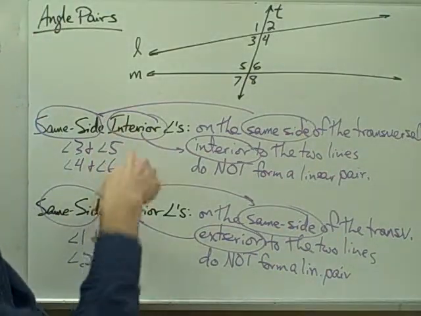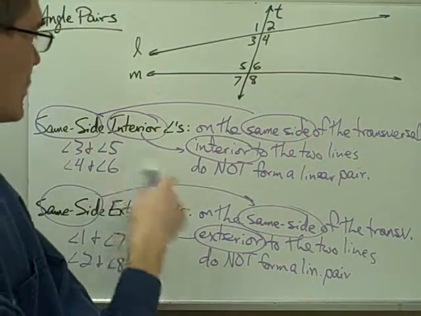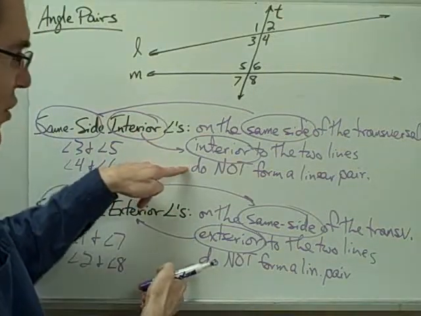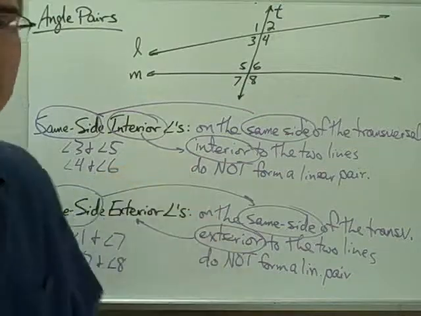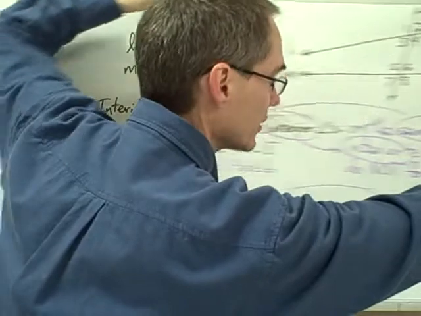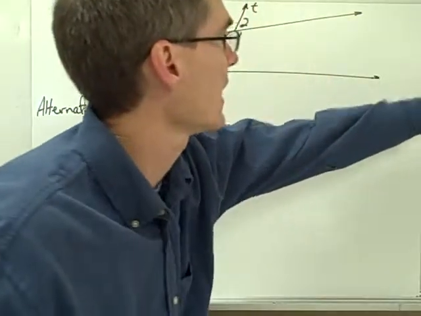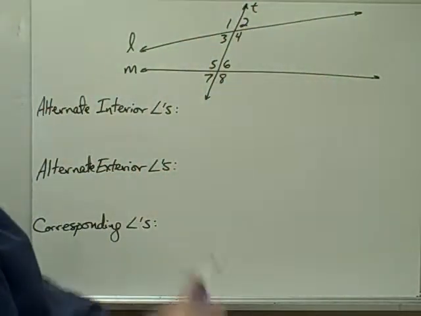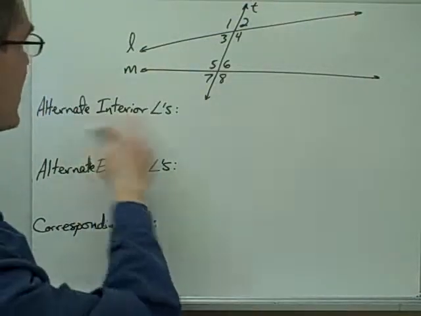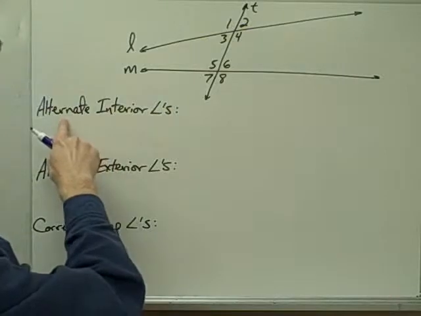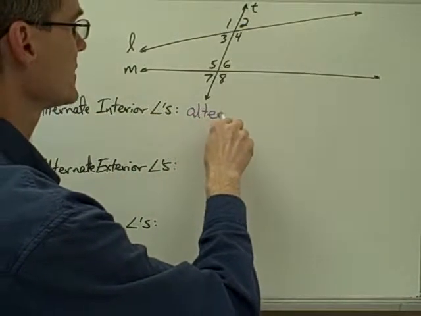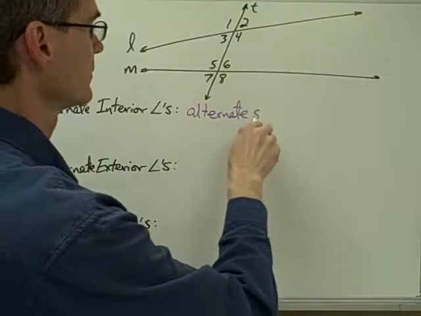Now notice in these two angle pairs that we've looked at, same side interior angles and same side exterior angles, we didn't really need this third characteristic, that they do not form a linear pair, but we're about to see some examples where we do need that characteristic. So let's take a look at the next type of angle pairs, alternate interior angles. Instead of being on the same side of the transversal, they are going to be on alternate sides of the transversal.